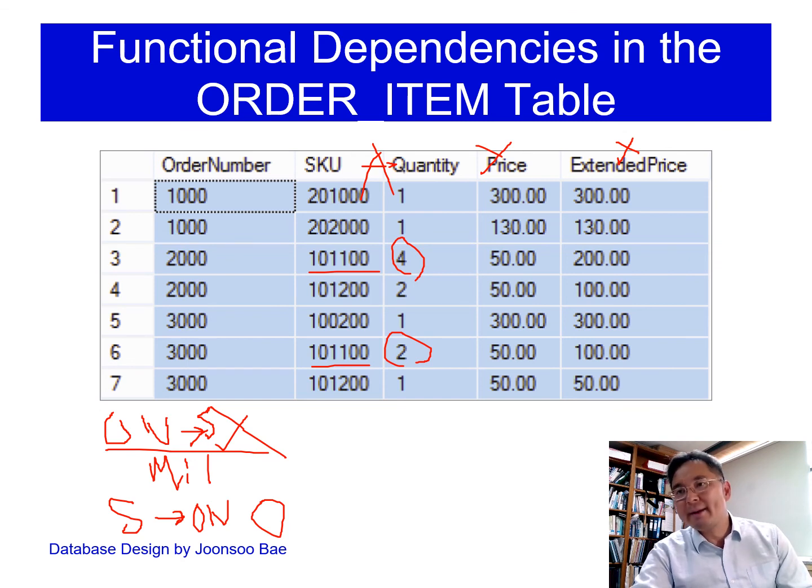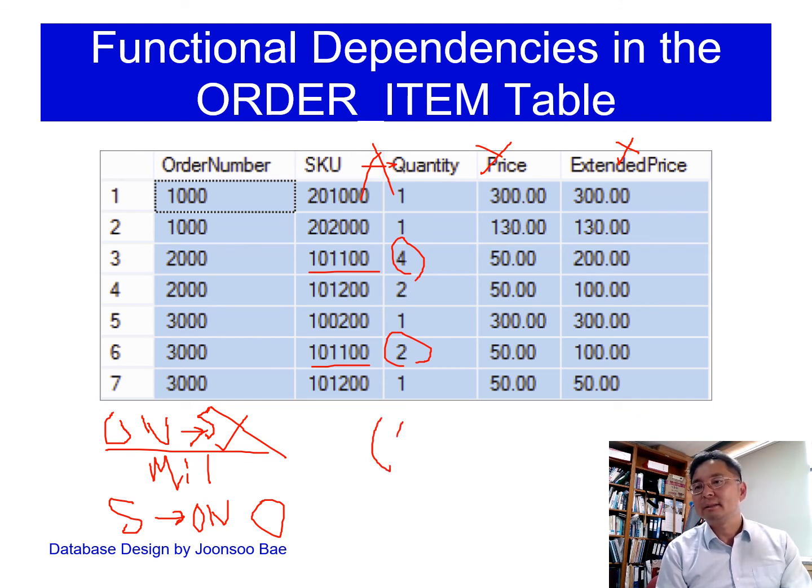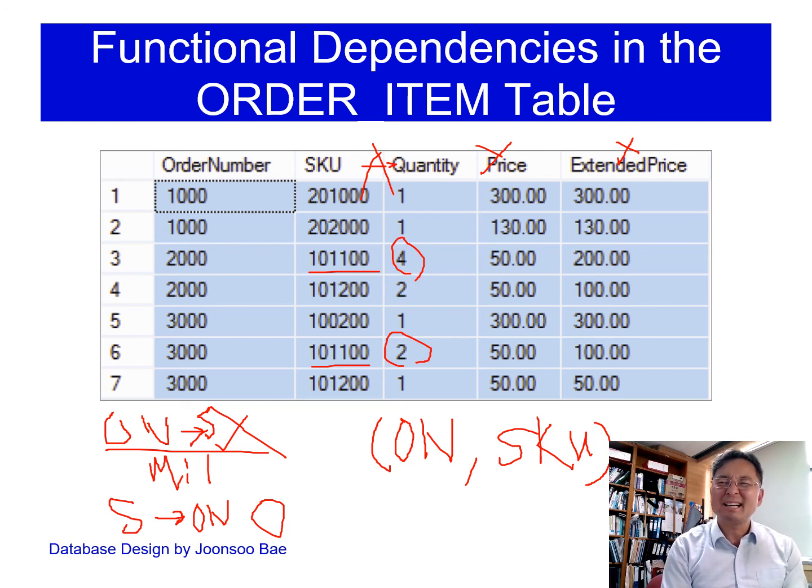Then we can extend the number of columns for the determinant. So if you combine 2 columns, order number and SKU, will it determine every other column or not?